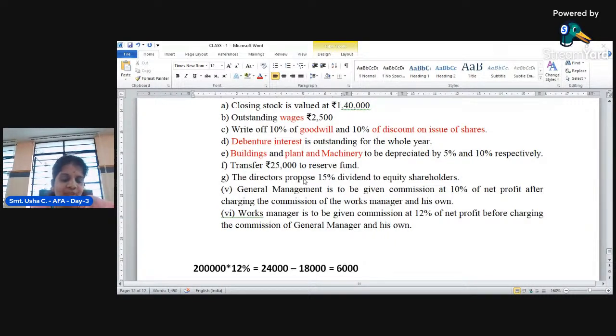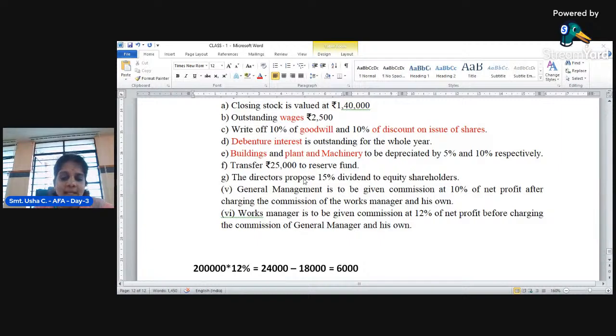And the other item of 25,000 is in the profit and loss appropriation account. Uma said that it should be shown under appropriation. Earlier we used to prepare an appropriation account, so we can prepare it separately also. Instead, we can continue in the same profit and loss account only.